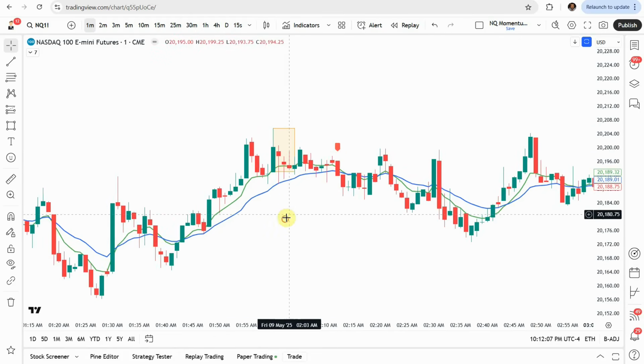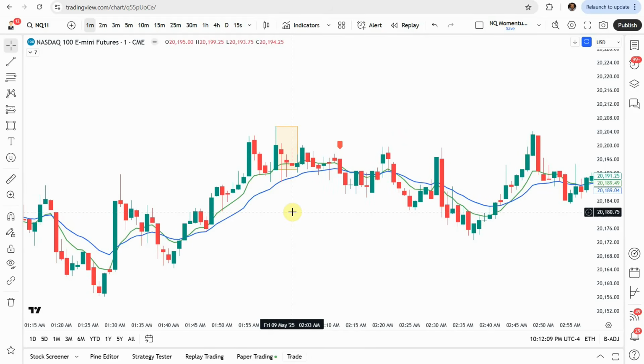And basically what it does is it's identifying a small zone of indecision within the market, a very high opportunity. And often, not always, but often this box leads to a reversal point.